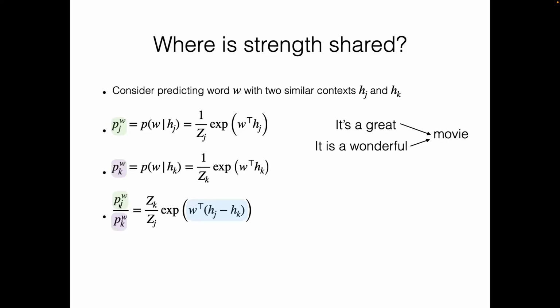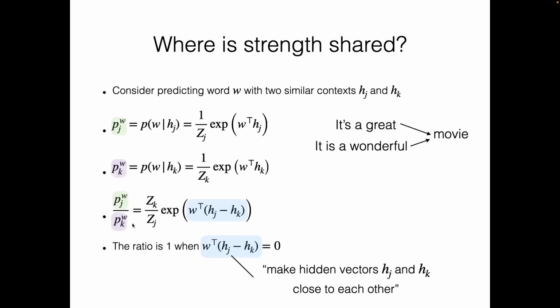Then here you could consider the ratio. And you might say, what if we want this ratio to be 1? We want the model to assign roughly equal probability to these two different contexts. Well, one way to make that ratio 1 is to make this equal to 0, because then you'll have exponent of 0. And one way to make that 0 is to make these hidden vectors the same, or close to each other.